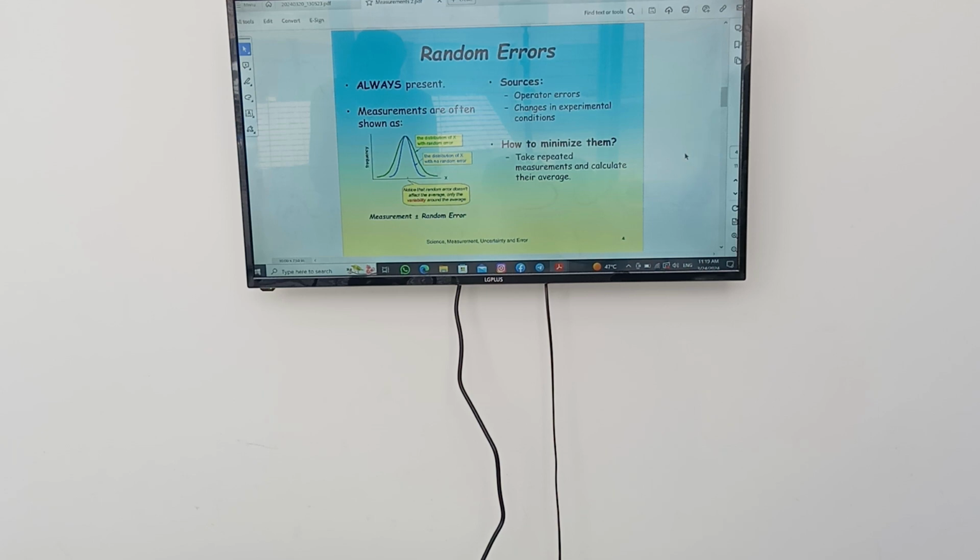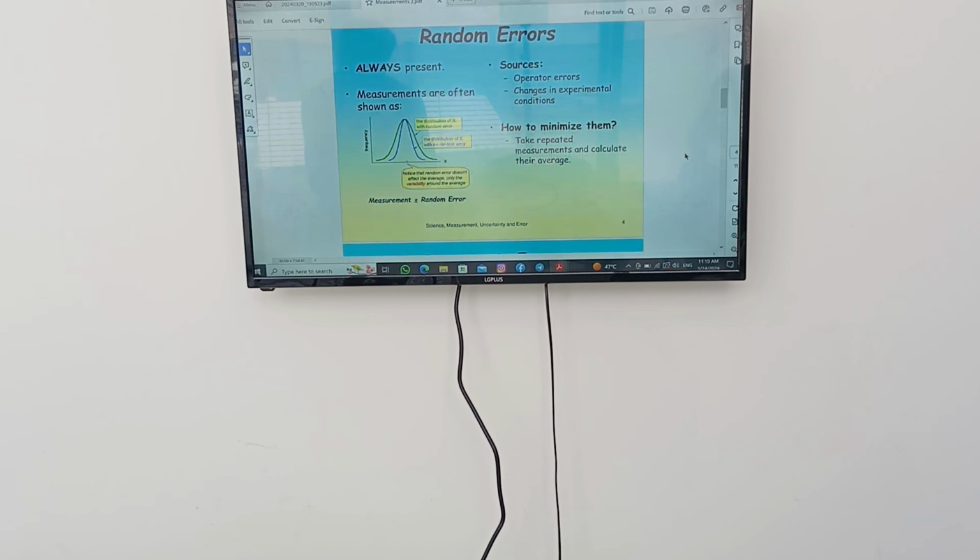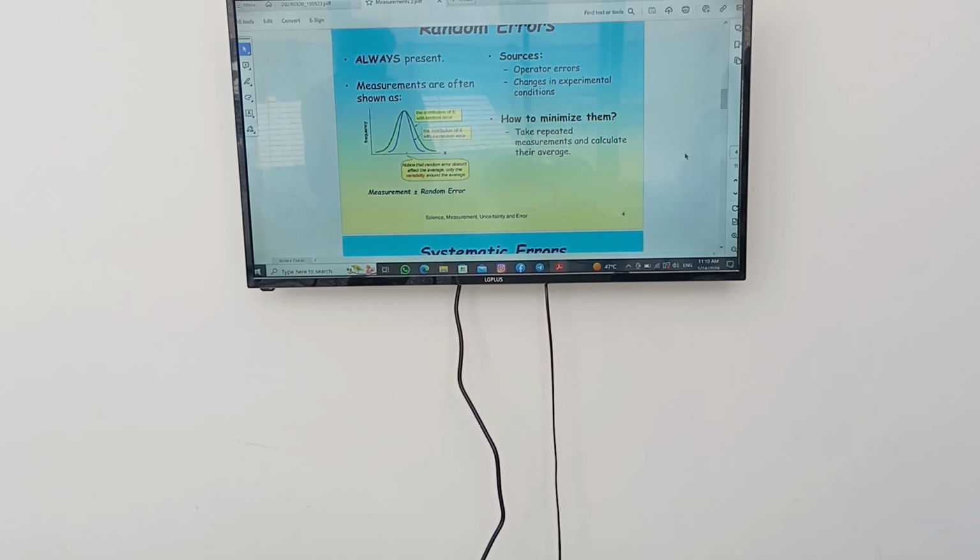Random errors are always present in the experiment, okay? And measurements are often shown like this graph. Do you see this graph? You have the frequency here, and you have the average on the x-axis.